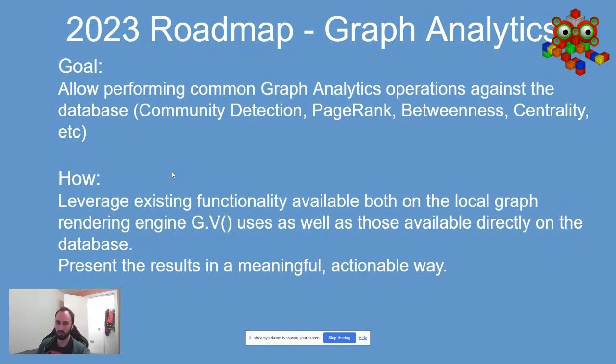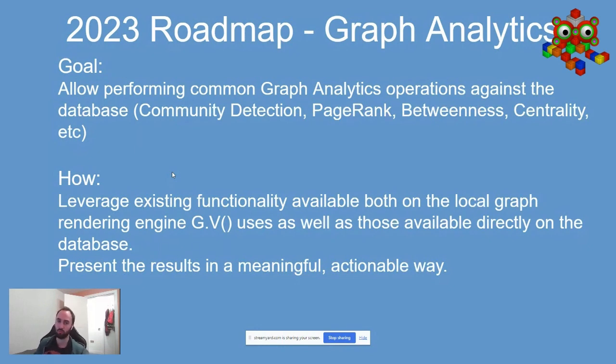And so the goal with this feature is two things. One, to allow you to perform simple graph analytics locally on the graph. So the idea is that you load data when you run a query on G.V, and it creates a graph. So you'll have a bunch of vertices and edges loaded, and we want to offer some common graph algorithms that you can just run right there and then with powerful visualization to explain the results.